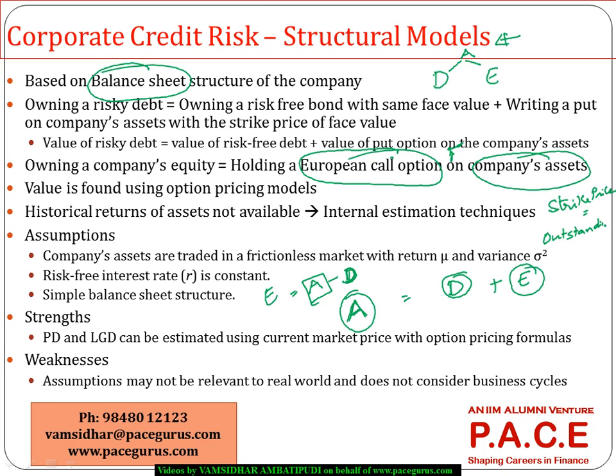When the value of the assets is greater than the value of the debt, the excess entirely belongs to the equity investor. When the value of the assets is less than the value of debt, the equity investor will end up getting nothing. So this is how we look at a structural model.